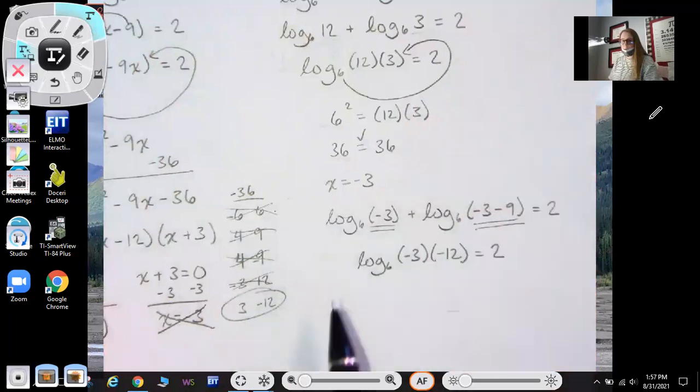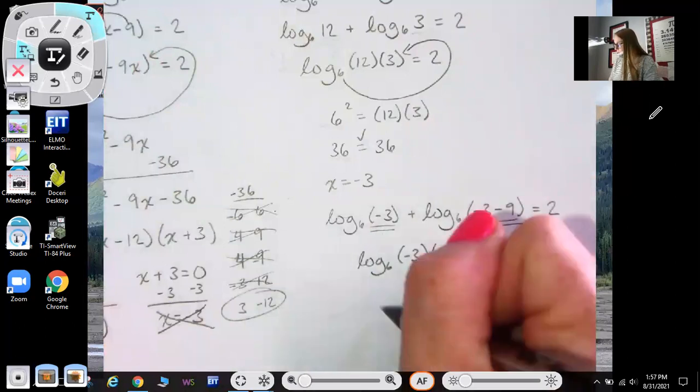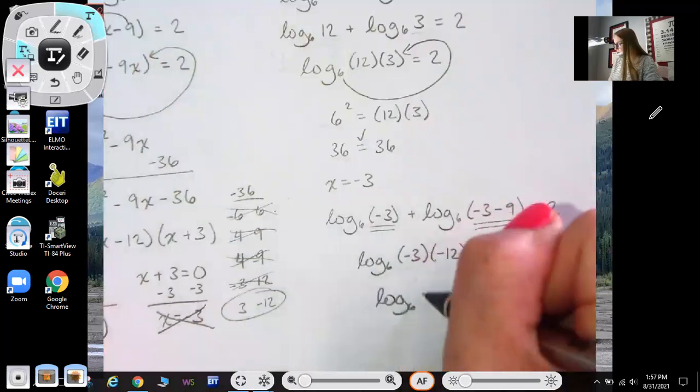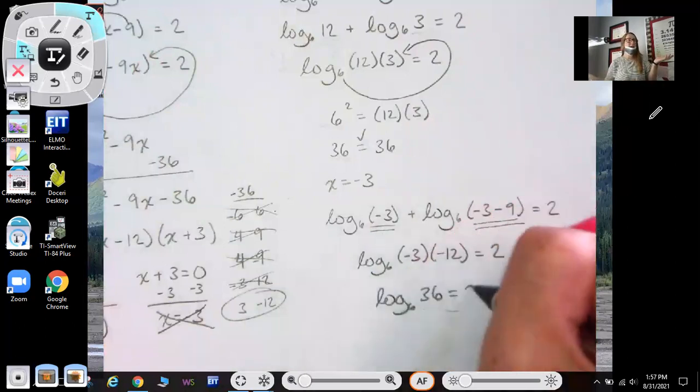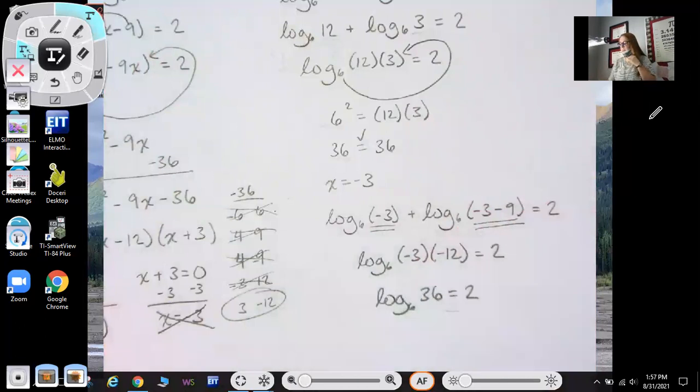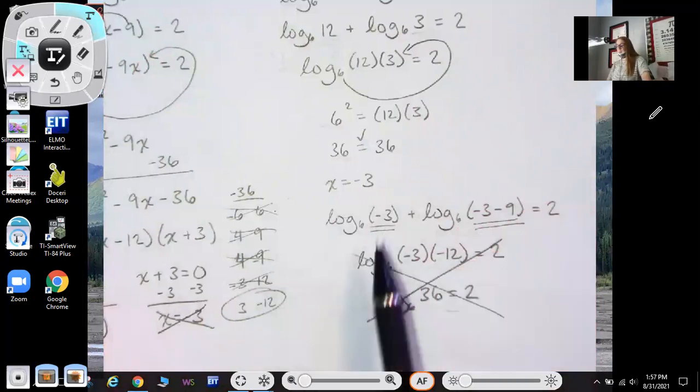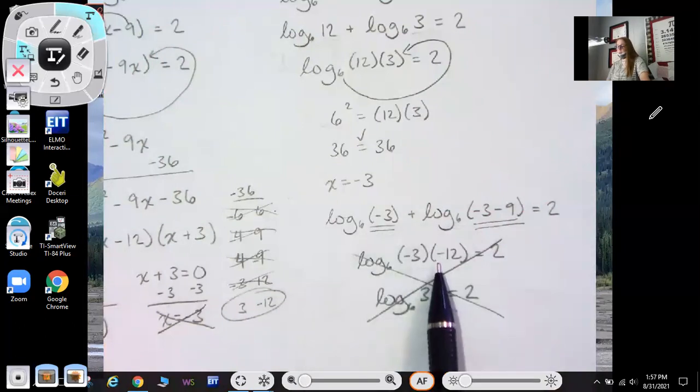Well, then when I multiply -3 times -12, I get a positive 36. I no longer have a negative where I'm not supposed to have a negative. Okay, that's all fine and great, but we cannot do that. I'll explain a little bit of why.